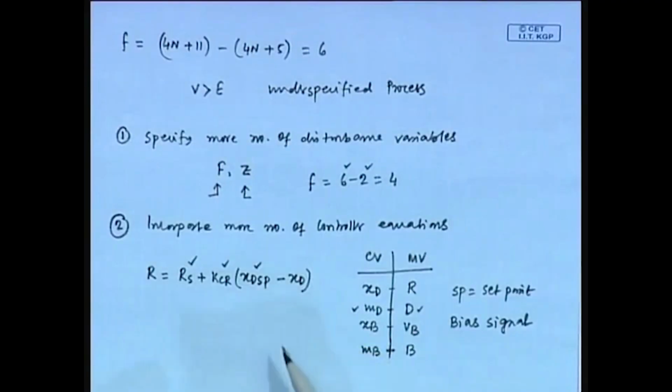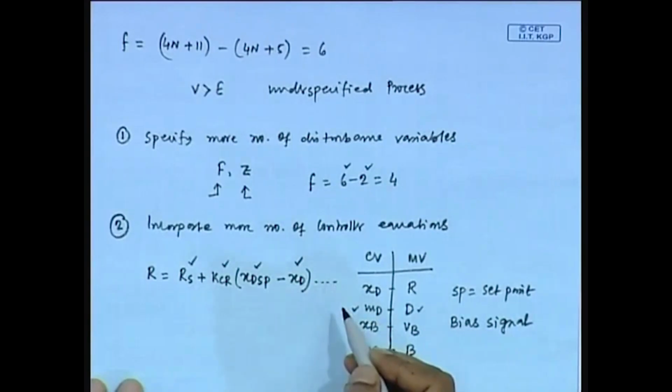XD SP is the XD set point, that means the desired value of XD, and this is the actual XD. So, this is one equation.